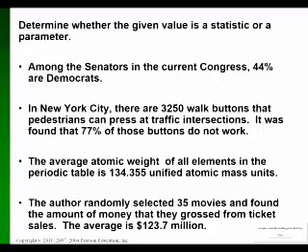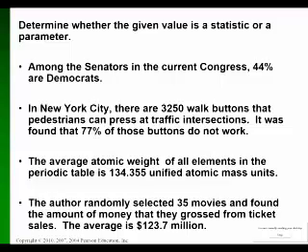It sounds like somebody went around and pressed all 3,250 buttons and found out that 77% of them don't work. So if that 3,250 is the population, that 77% is what? A parameter. Good.